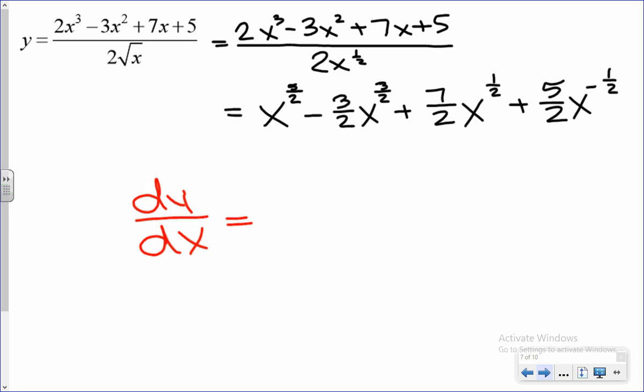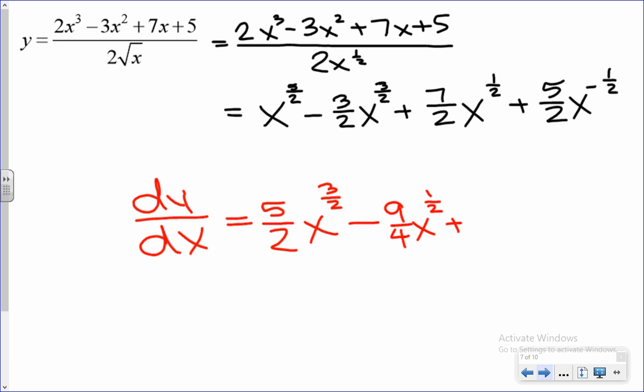Power rule. 5/2 x to the 3/2 minus, when we apply the power rule, Chris, what would our coefficient turn into? 9/4. And then our power becomes 1/2 plus.